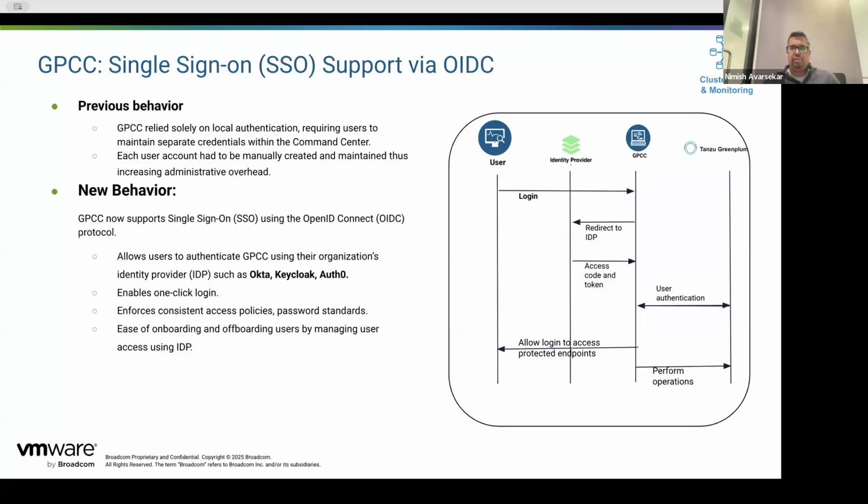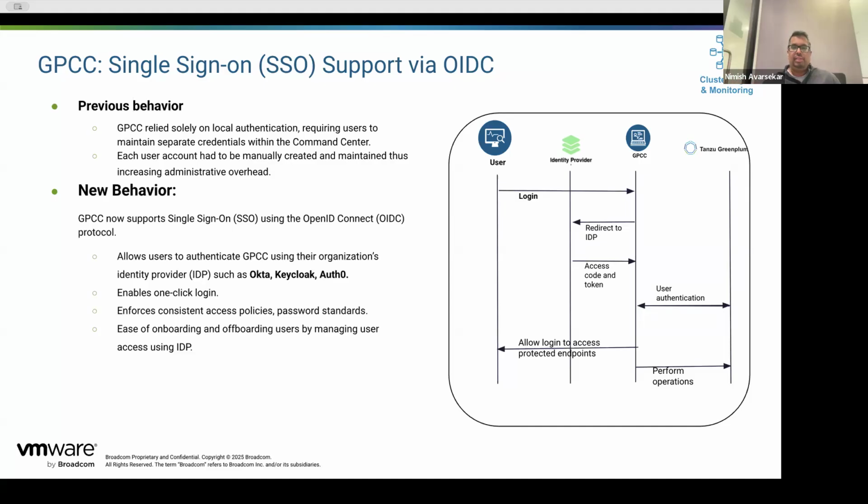For example, if your organization is using Okta, you can set up GPCC to use Okta as the IDP provider. Okta will show GPCC as one of the tiles internally, where you can click on the tile and it will automatically log in to your GPCC using your Okta credentials.